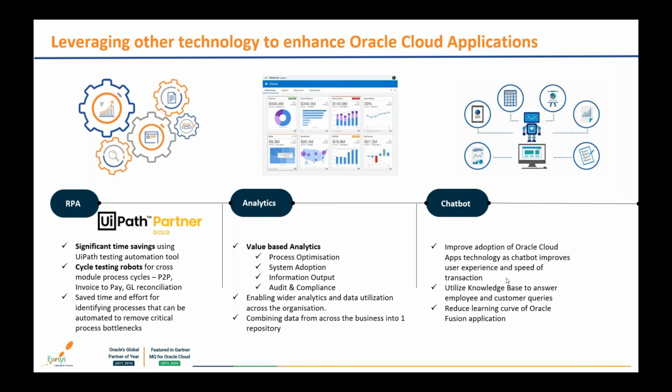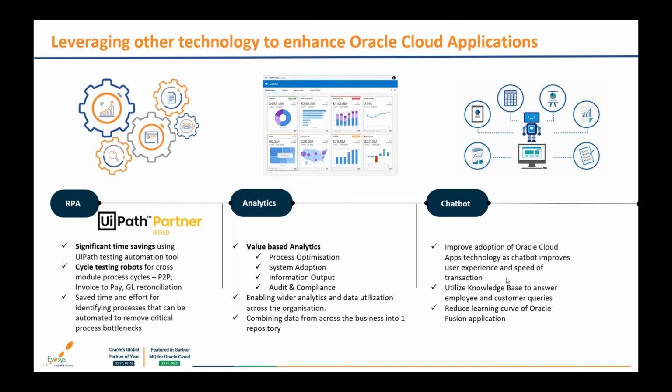From a process optimization perspective, looking at how we can help to identify processes that can be optimized or even automated. From a system adoption perspective, where we can help to identify areas and reasons for low adoption rates, for example, and in turn provide recommendations on changes to improve these with the use maybe of other technology.